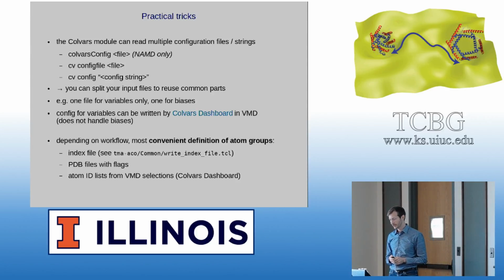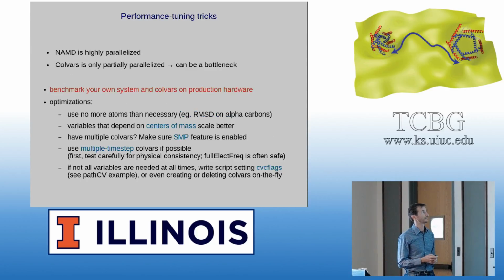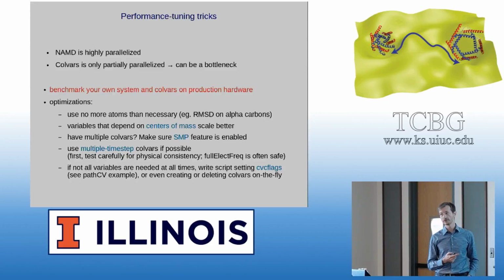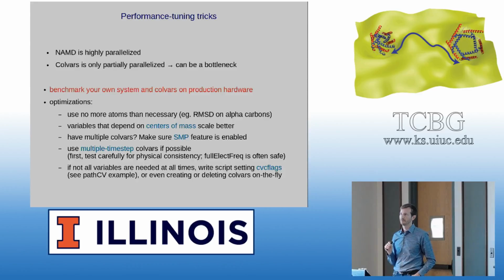And then another concern is performance. We've talked about it, we've touched on it on some occasions. So NAMD is highly parallelized, Colvars is only very partially parallelized, so it could be a bottleneck. It depends really on what you're doing. One problem is how collective your variables are.